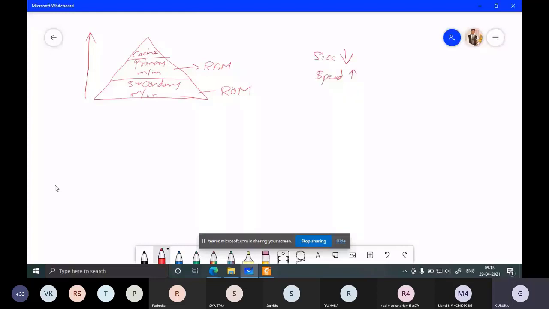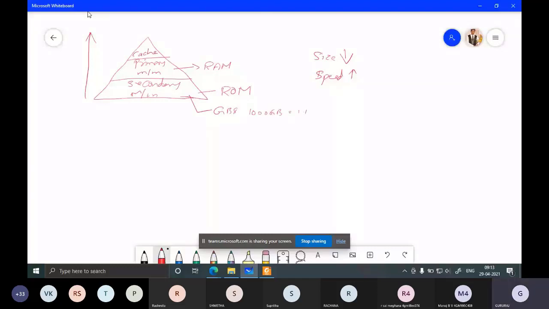If you come to the bottom of the triangle, the secondary memory will usually be large in size, in terms of GBs. Your computer PC hard disk, laptop hard disk, usually will be 500 GB, or 1000 GB, which is nothing but 1 TB, or 2 TB like that.